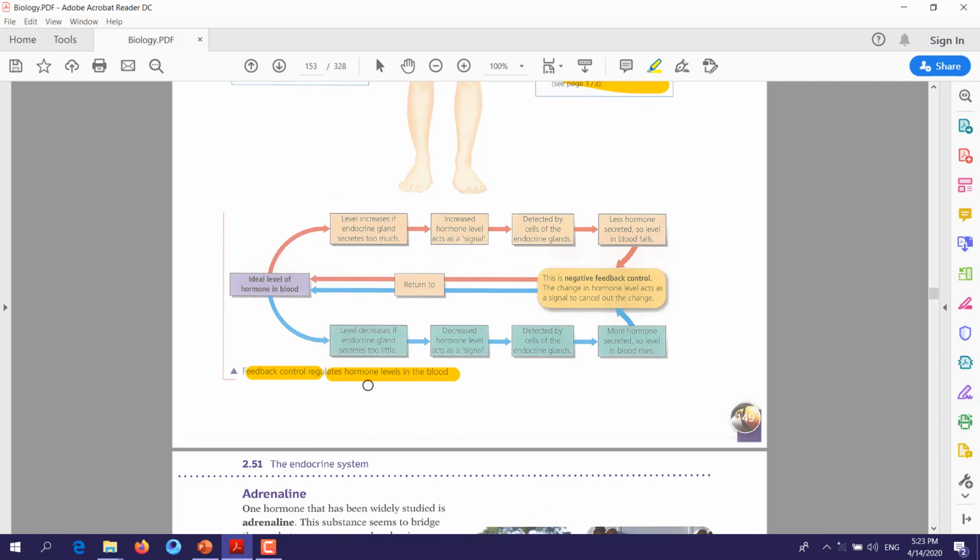And the same thing here: the decrease in the level of hormone works as a signal. This signal will be detected by endocrine cells, and cells will release more until it gets feedback that everything is okay, or the level of hormone in the blood is at its ideal level.